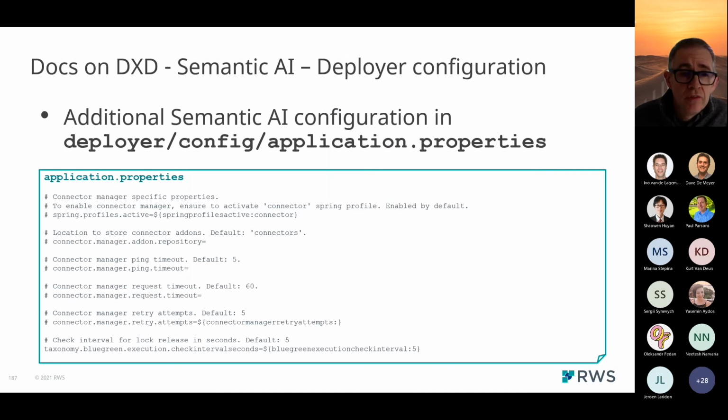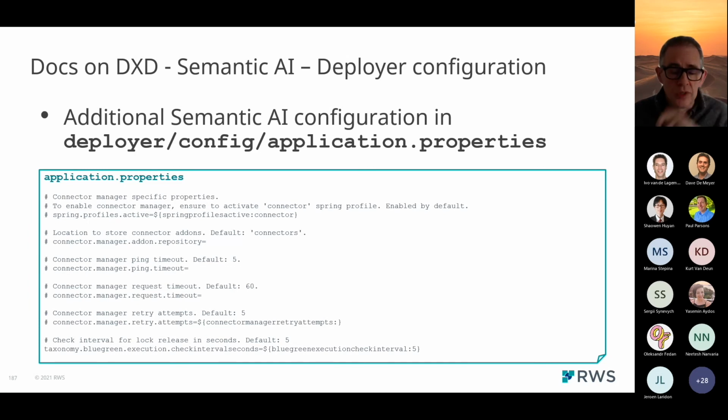There's some additional config that you can do within the deployer. Out of the box, the standard properties are usually good enough for most use cases, but there's always a case where you have some issues with connectivity or something like that, and you may want to tune some of these features. For the connector itself, in each of our services, we have an application properties file. This is a standard Spring Boot method of injecting properties into services.